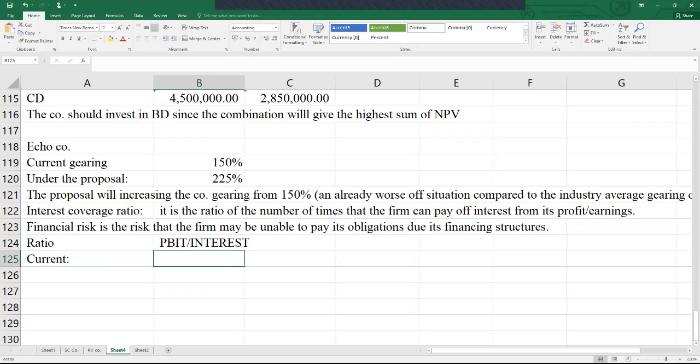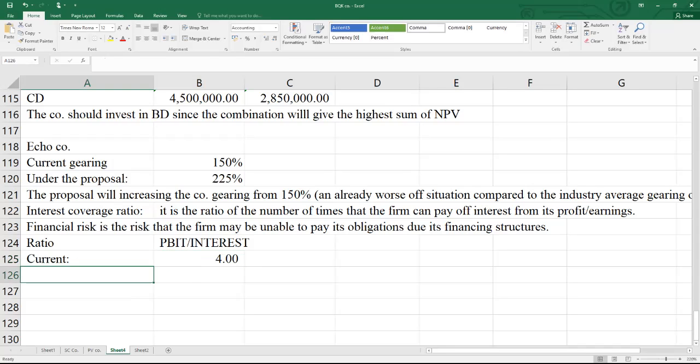So currently, the company has a ratio equal to how much? We need to work that out. The company's profit before interest and tax is 9 million, divided by the interest of 3 million.